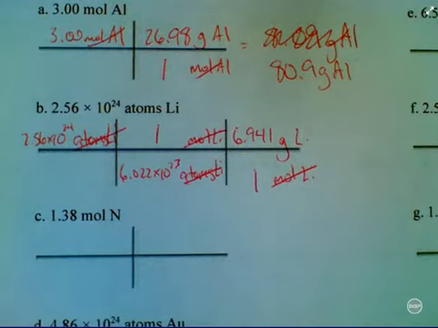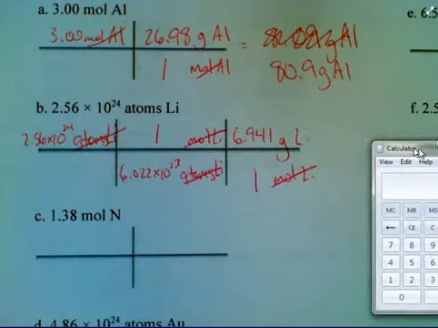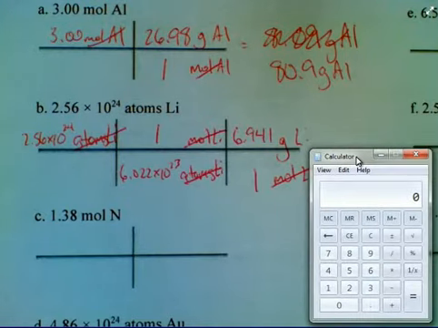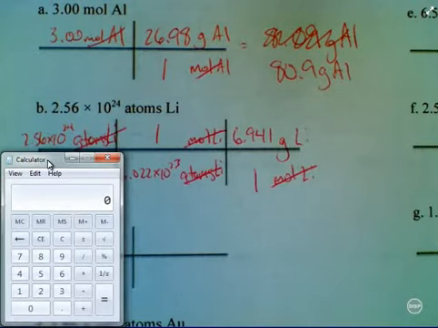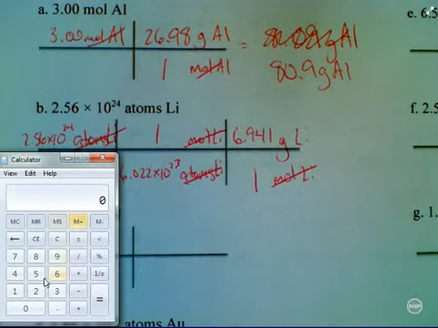Let's use this calculator. It's probably easier to see. Let's put it over here. So 2.56 times 1 times, goodness gracious, did I already miss a decimal? 2.56 times 1 times 6.94.